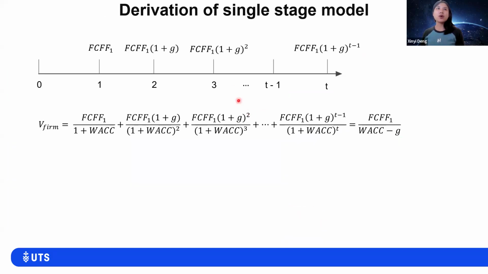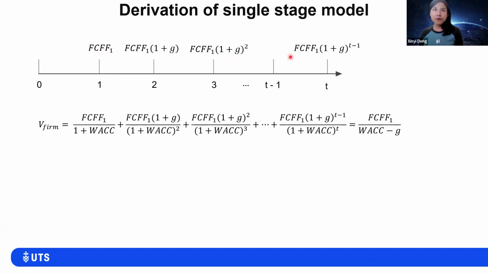Now let's try to derive the single stage model and the two-stage model. In these derivation slides, we focus on the scenario where we are using FCFF. The same formulas will also be true if we are using FCFE to do the valuation.